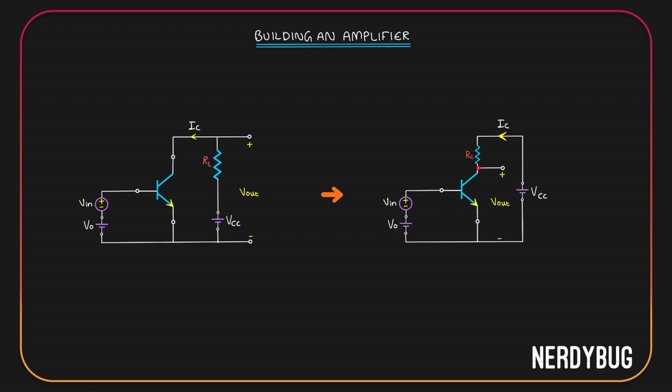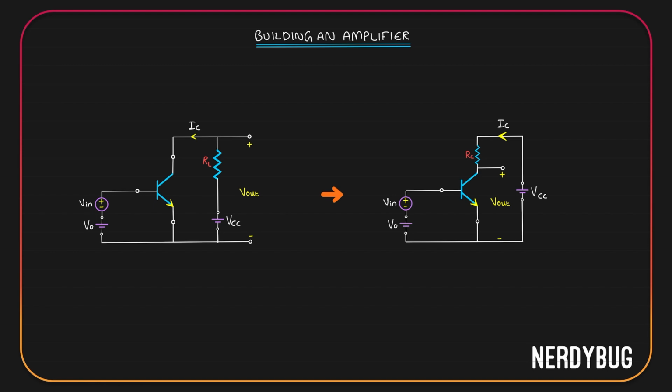Instead of showing the load resistor over here, I have shown it over here. Connections are still the same. Its upper end was connected to the collector. It is still connected to the collector. Lower end was connected to the positive terminal of VCC. It is still connected to the positive terminal of the VCC.